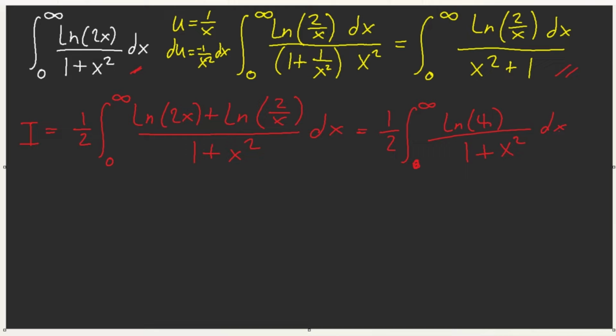And now this is a super easy integral. We know how to integrate this, right? This is just inverse tangent. So here we have half ln of 4 times pi over 2, and in other words, the answer is pi over 2 ln of 2. And that is our answer.